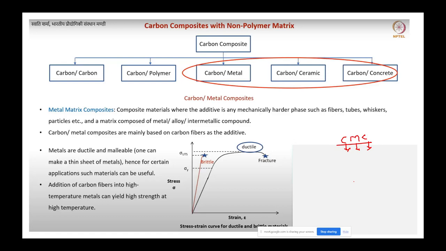Okay. So not about the carbon metal composite.